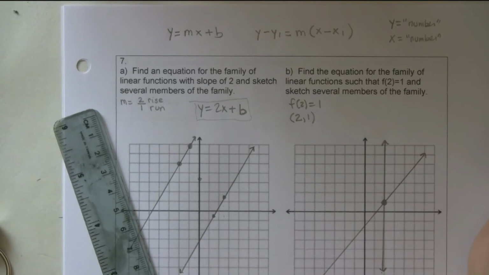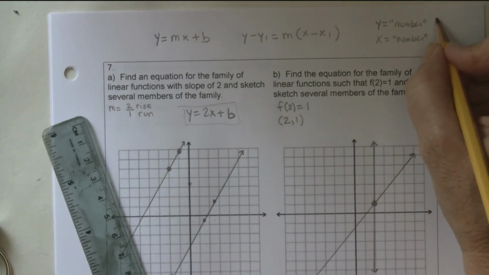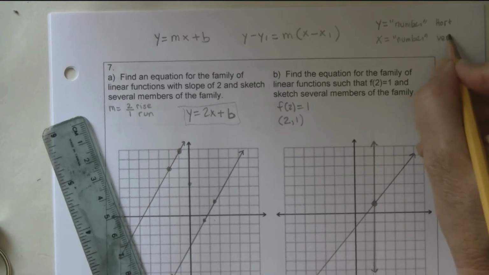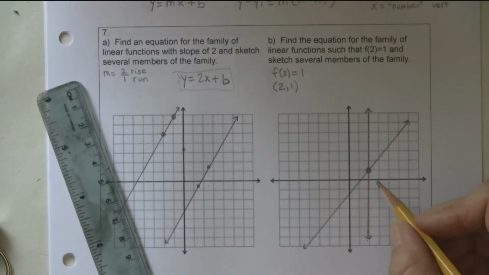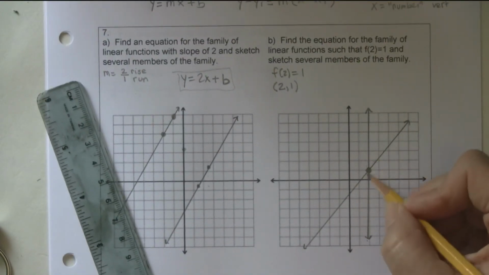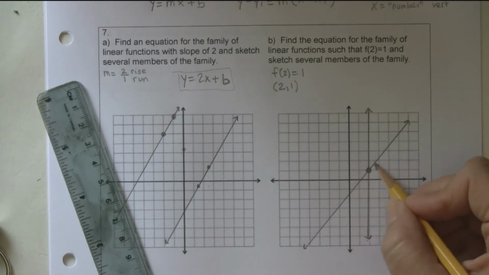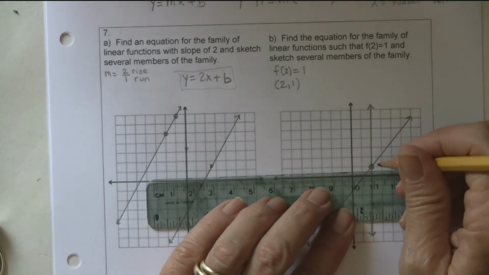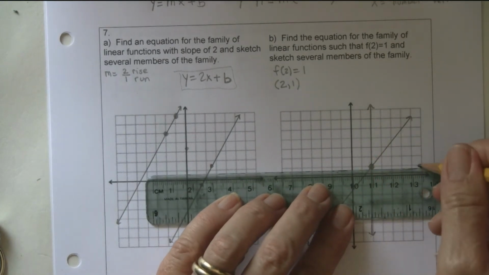I'm just calling them that. This is a horizontal line, and this is a vertical line. I almost drew a horizontal line right here, but this one's definitely not horizontal. And here, I'll draw a horizontal one in here too.